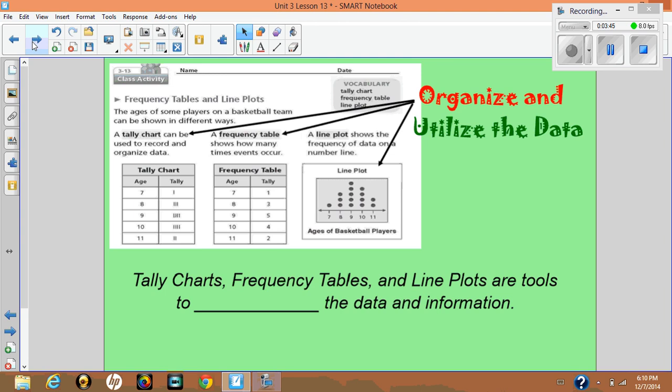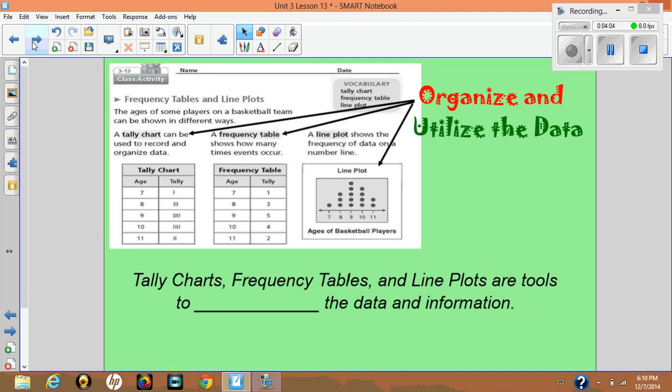The line plot shows the frequency of data on a number line. And so the line plot really takes the information that we can record in a tally chart and a frequency table and set it in a way that is easy for us to identify, gather, and explain the information.